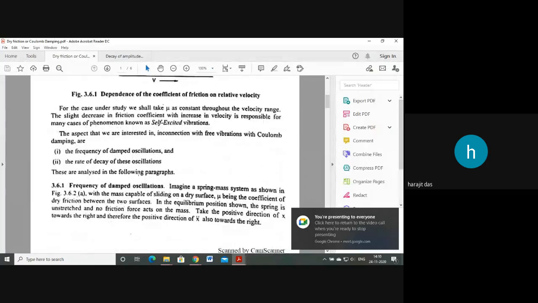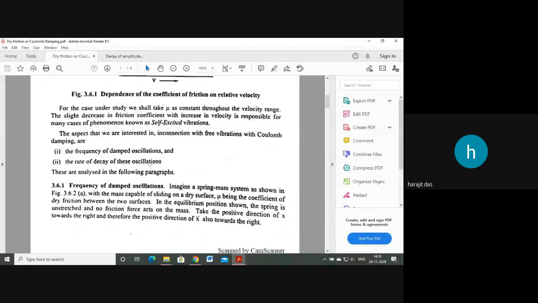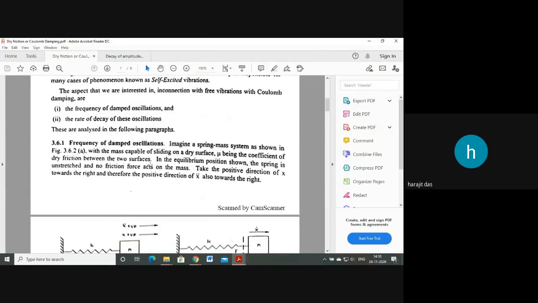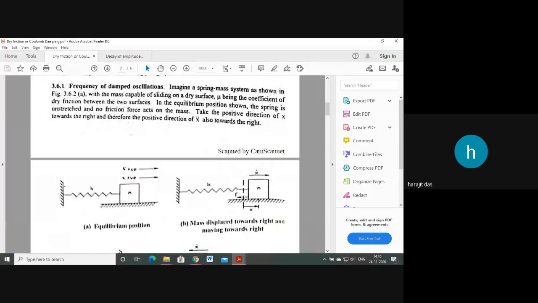So first we are going to find out the frequency. To find out the frequency, we will consider one system. The basic system was the spring mass system, and here we will not show any external damper, because this is not viscous damping where there is a piston cylinder arrangement. Here this damping is dry.